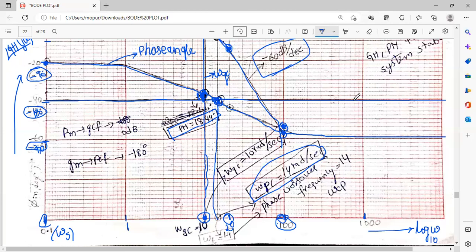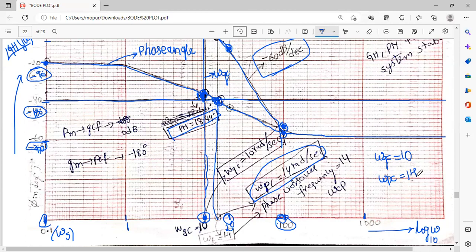So now we have obtained the gain crossover frequency omega GC, which is the point of intersection of the 0 dB line and the magnitude plot, which is 10 radians per second. And we have obtained the phase crossover frequency, omega PC, which is the point of intersection of the minus 180 degree line and the phase angle plot, which is 14.